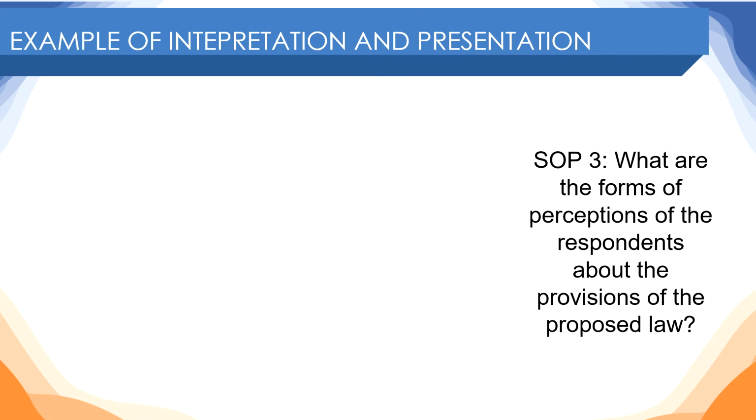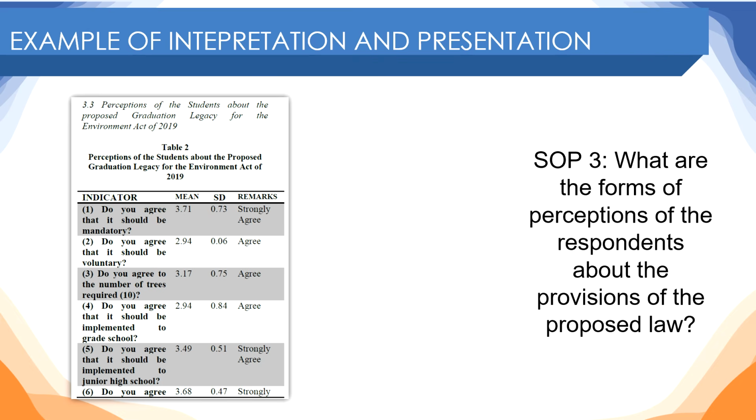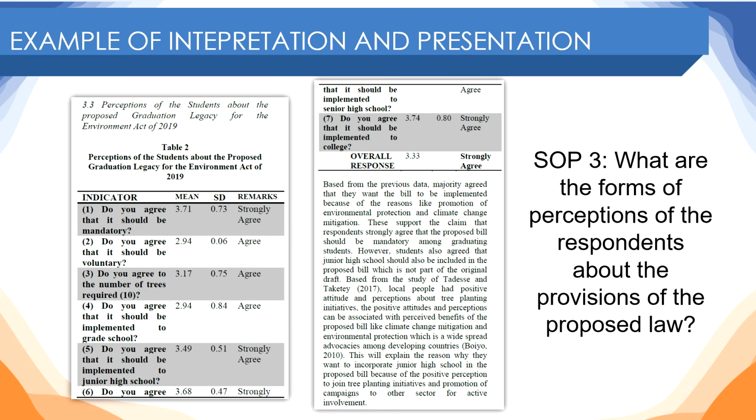so the next example asks, what are the forms of perceptions of the respondents about the provisions of the proposed law? Here, the researcher is interested in the respondents' perceptions. Again, we should examine the data and determine what presentation clearly communicates the findings.